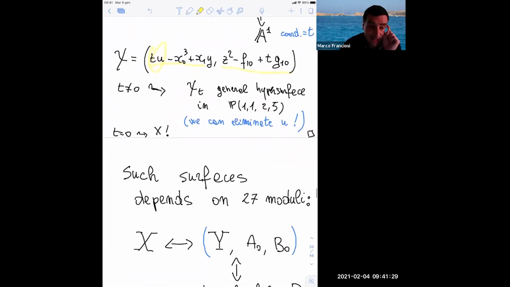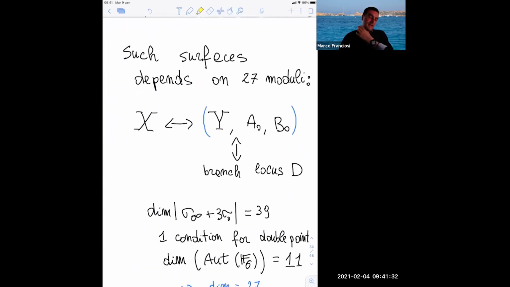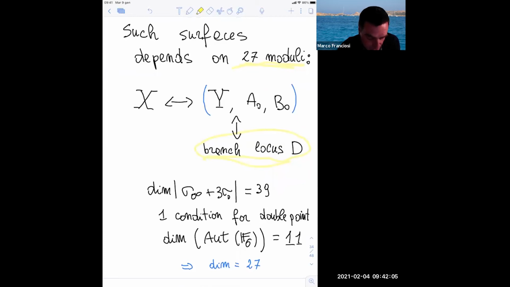And let us see that such surfaces give a divisor. So simply as in the above case, we count moduli. We count the number of parameters needed. So such a surface X is given by the choice of Y and A0 and B0, which depends essentially on the branch locus D. We have the dimension of our linear system of divisors linearly equivalent to D is 31.